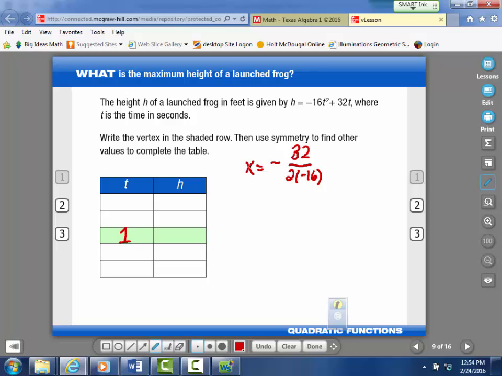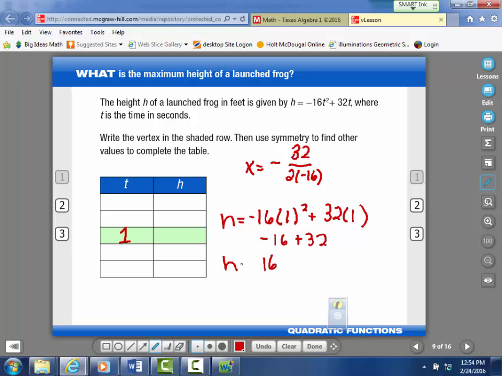And it's x because that's our line, but because in the way our equation is written, x is represented by t. Okay, so 1 is going to be where that's located, and so h equals -16 times 1 squared plus 32 times 1. Okay, and we do that. 1 squared is 1, so that's going to be -16 plus 32, which is 16.